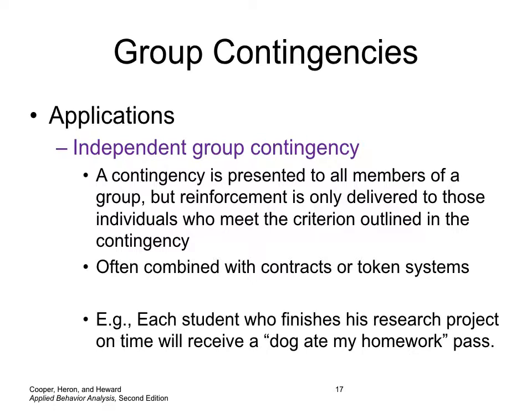Independent group contingencies are frequently combined with contingency contracting, like behavior contracting, and token reinforcement programs, because these programs usually establish reinforcement schedules independent of the performance of other members of the group. An easy example here: each student who finishes his research project on time will receive a dog ate my homework pass.